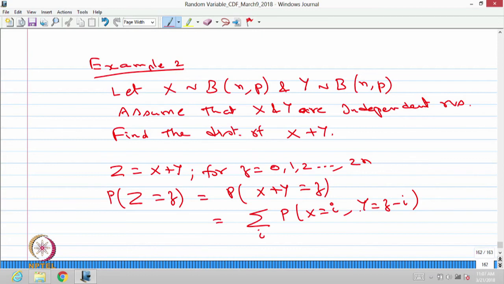To solve this problem I should have been given the joint probability mass function of x comma y, or made the assumption that x and y are independent, and only then can I find the distribution of x plus y. So, this is the same as the summation over i of the probability of x takes a value i times the probability of y takes a value z minus i.